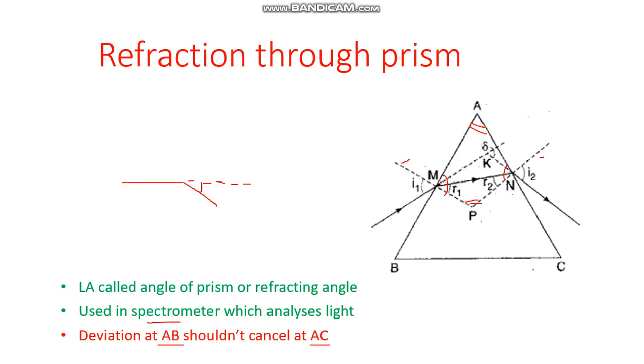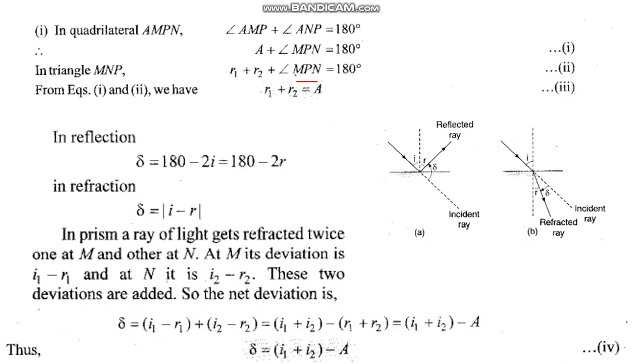Initially I took angle M plus angle N equal to 180. So angle A plus angle P is equal to 180. Now if you take this small triangle PMN, even there R1 plus R2 plus angle P is equal to 180. So these two results are taken. You can see here MPN is common and both are equal to 180.